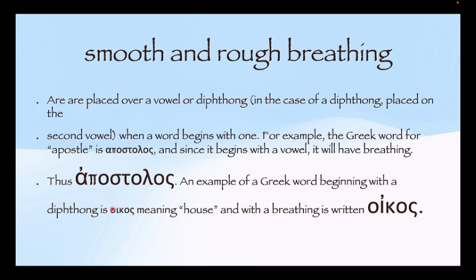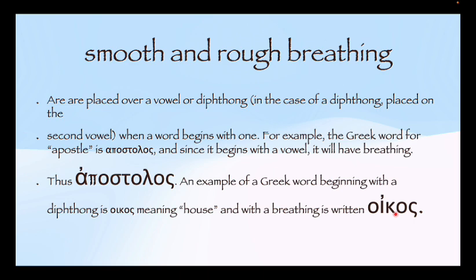But if it is a diphthong, where do we put the breathing mark? We put it on the second vowel of the diphthong. The second vowel of the diphthong here is iota. So the smooth breathing is placed over iota.